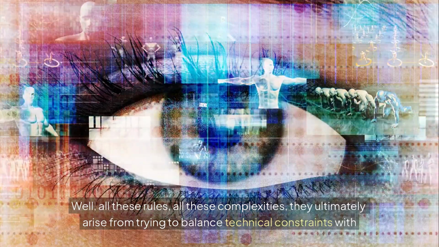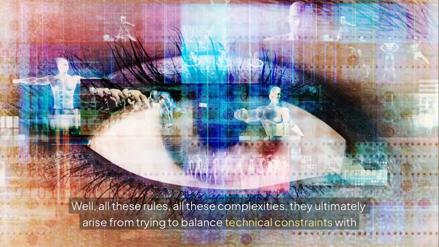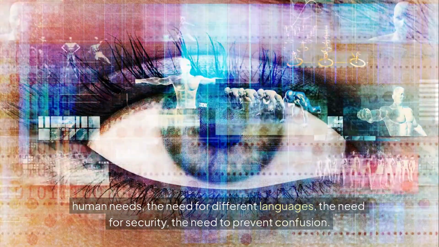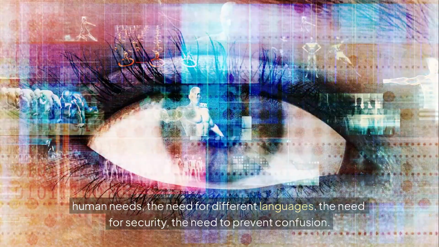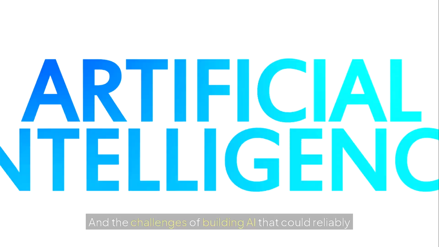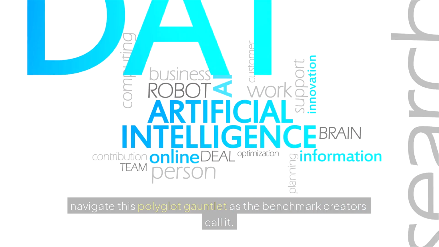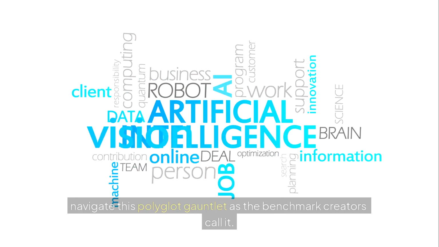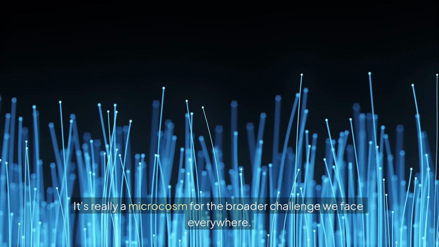Well, all these rules, all these complexities, they ultimately arise from trying to balance technical constraints with human needs, the need for different languages, the need for security, the need to prevent confusion, and the challenges of building AI that could reliably navigate this polyglot gauntlet, as the benchmark creators call it. It's really a microcosm for the broader challenge we face everywhere.